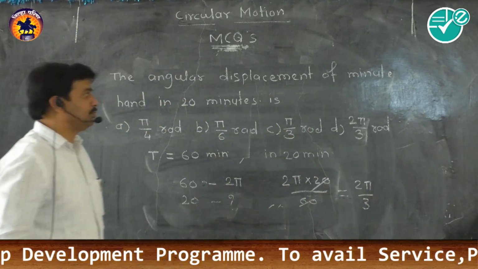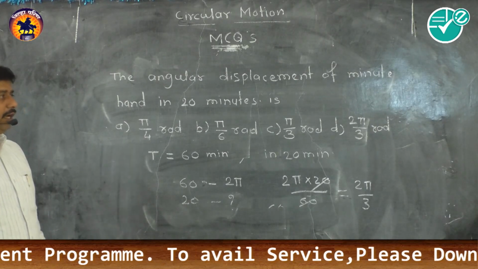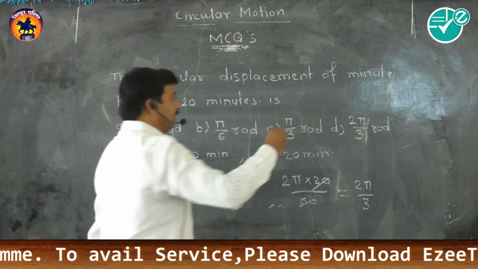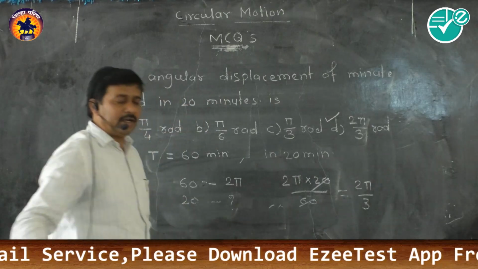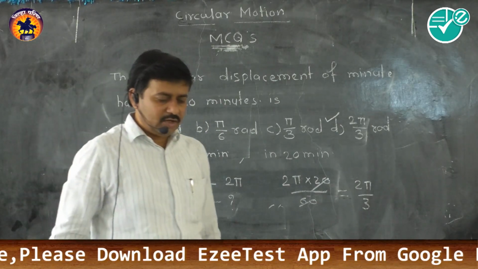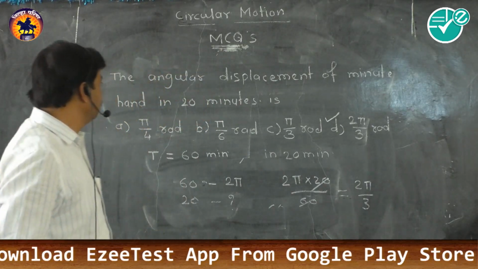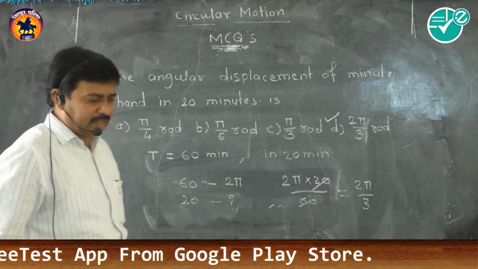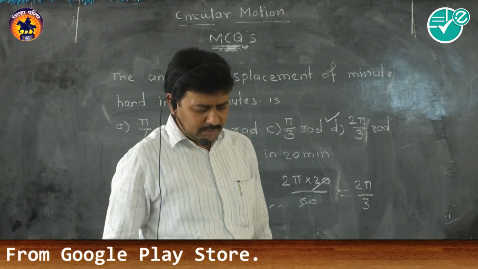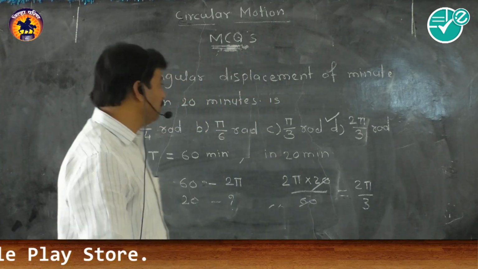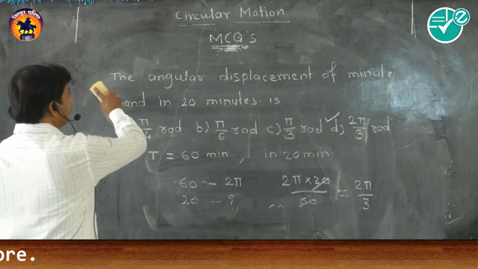So the correct option is 2 pi by 3 radians. That will be the angular displacement of the minute hand of any clock in 20 minutes. In this way we can solve this problem. We will go for the next one.